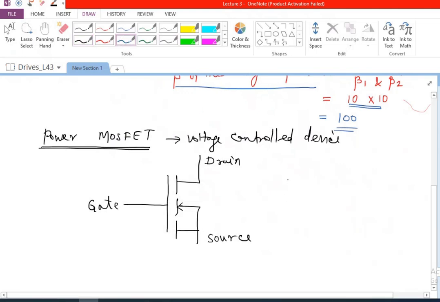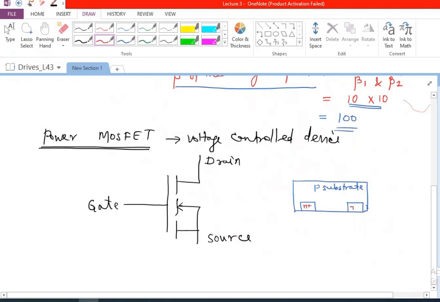So in an N-channel MOSFET, what we are going to have is something like a P substrate. So this is a P substrate, P-type semiconductor substrate. In this, we are going to have some N material being doped here. And again, another N material being doped here. So I am going to have N plus. That is quite a lot of doping here.